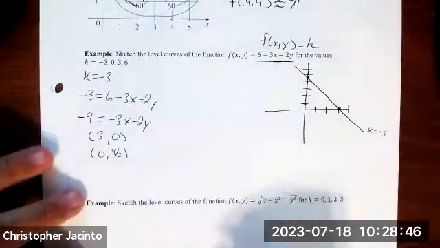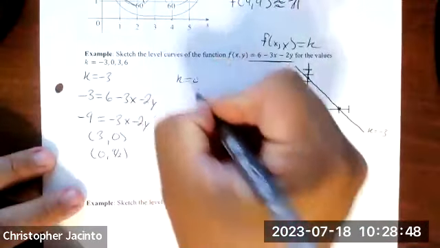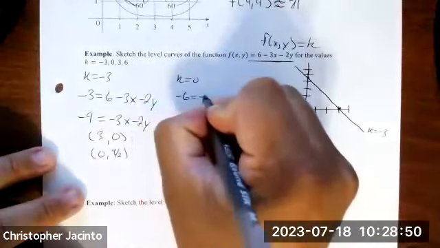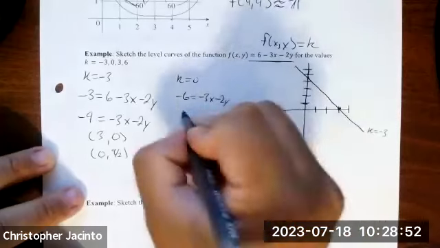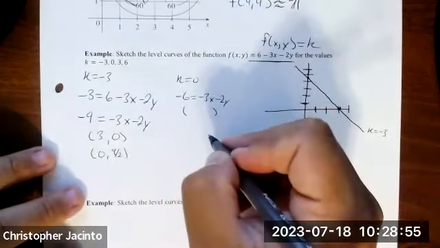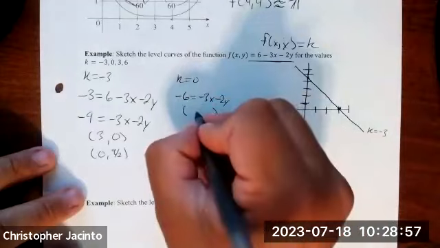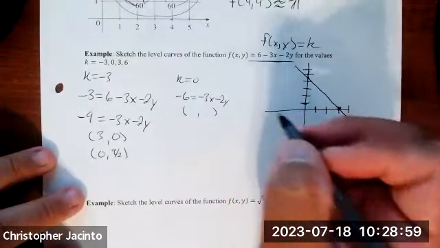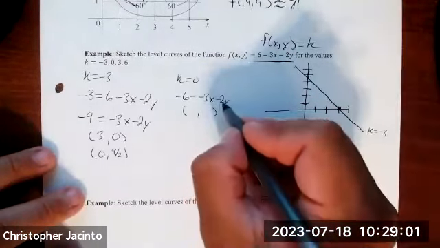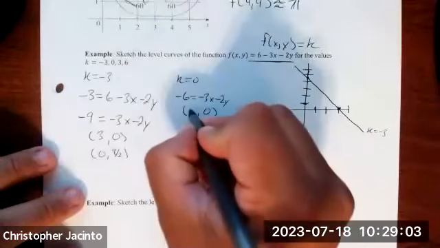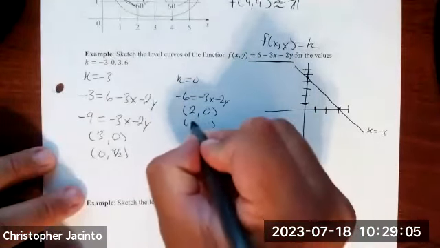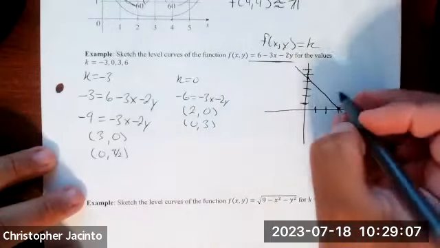And we keep going the exact same way. So when k is equal to 0, we get -6 is equal to -3x minus 2y. Plug in 0 for y, we get 2. Plug in 0 for x, we get 3.